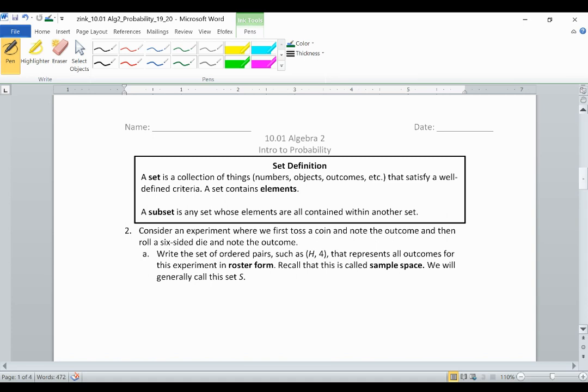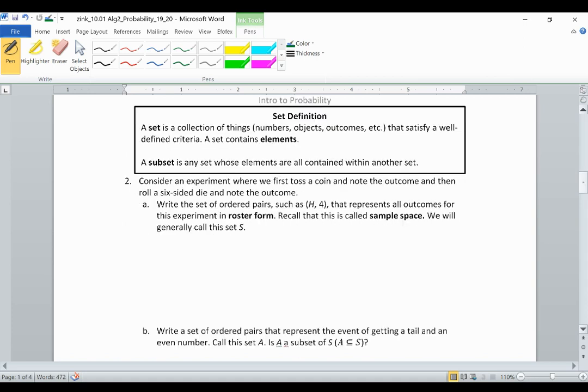You can do it with spinners. You can use anything. With probability, though, we tend to look at things such as those. So a subset is just a set whose elements are all contained within another set. So it's kind of like a set inside of a set, a subset.